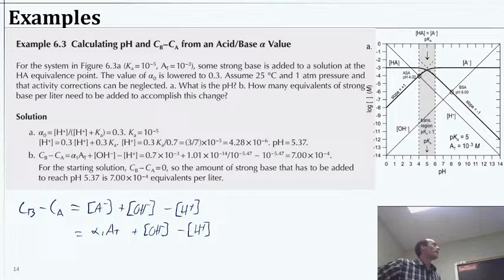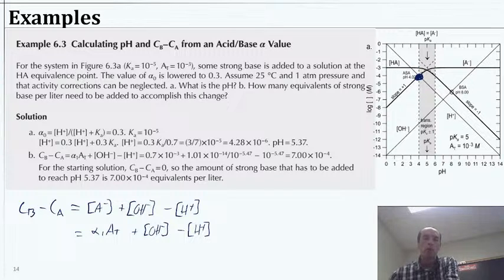Okay, so my first thought is, let's take this CB minus CA formula. We were told that the alpha fraction changed, right? Graphically, we started at the HA equivalence point, and we changed from whatever the alpha fraction was there to 0.3.